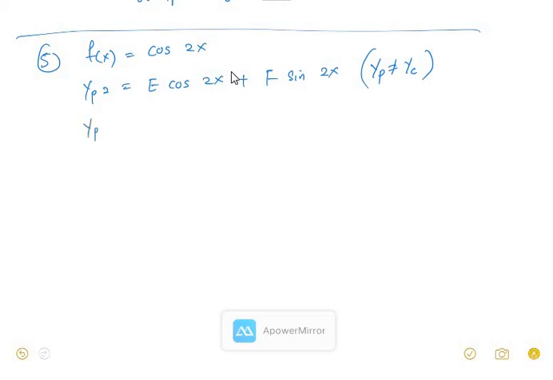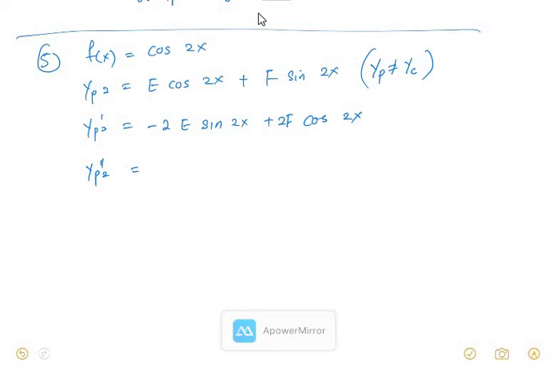So yp2 prime is equal to, you differentiate the e cos 2x, you get negative 2e sine 2x. And then you differentiate sine 2x, you get 2f cos 2x. Next you differentiate again the yp2 prime.